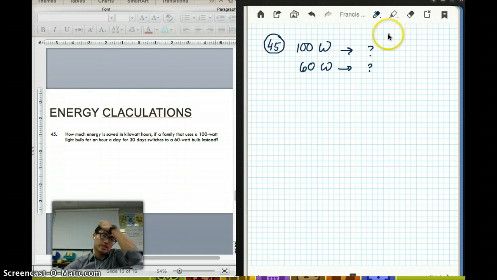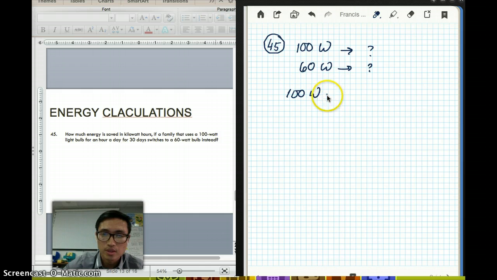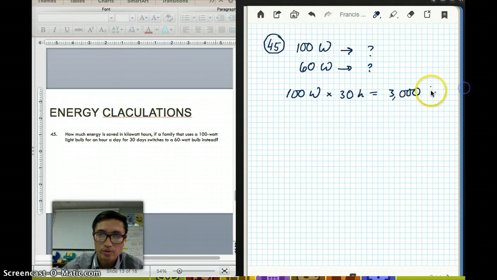So let's see here. How can we start off this problem? 100 watts times 30 hours, basically, because it's 1 hour per day, would give us 3,000. And since we're multiplying, the units combine together: 3,000 watt hours.